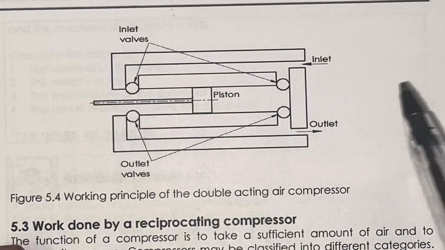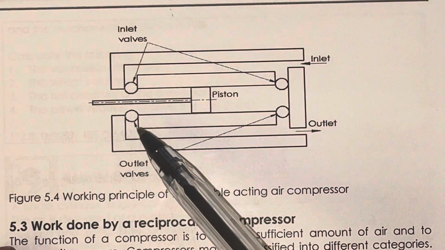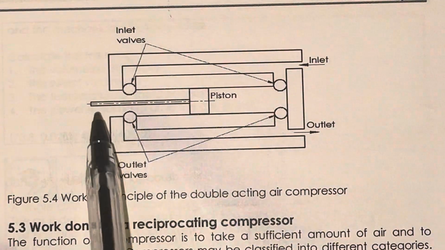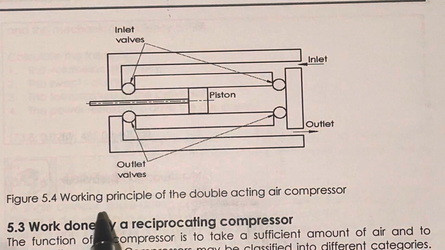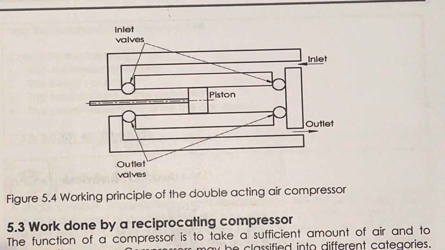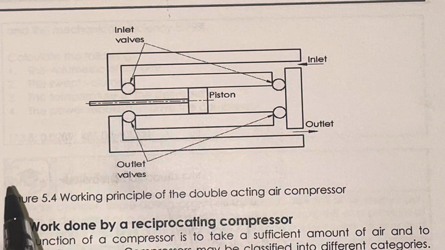Right, so what we have over here are your outlet valves. Let's start with the piston. There's your piston, and over here you will have what is referred to as your outlet valves, and over there you will have your inlet valves.